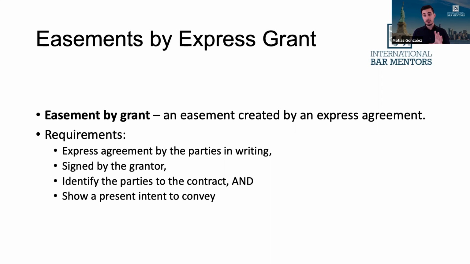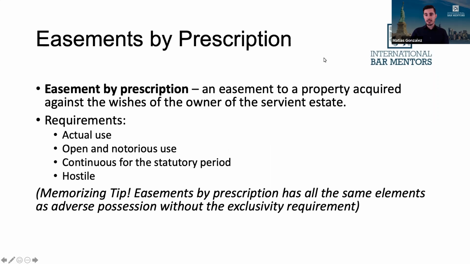Present intent to convey has its own sub rules. We discuss them in our lessons in our course. We won't necessarily get into it here, but always be on the lookout for that because it is a bit of an extensive rule.